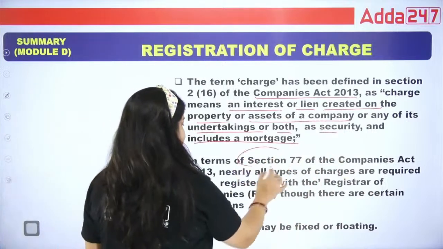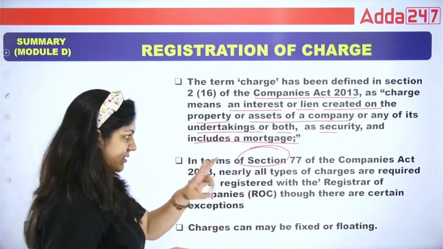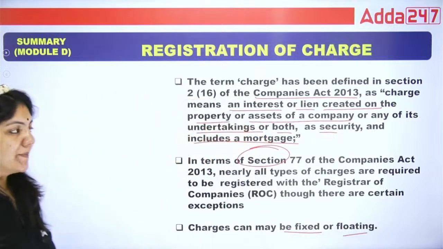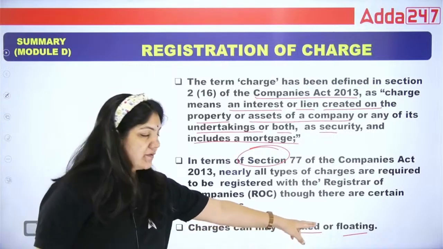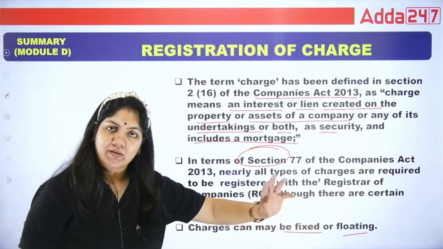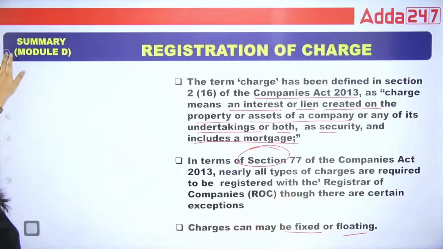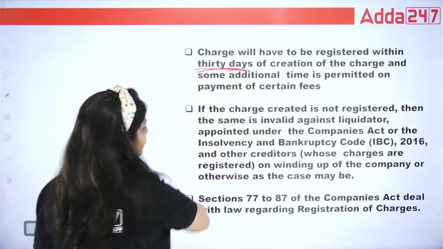Section 77 talks about the registration, which has to be done within 30 days, and the charge may be fixed or floating. Fixed means that it applies to a specific property, and floating means that it applies to different goods. Charge has to be registered within 30 days, which we have already done, right?